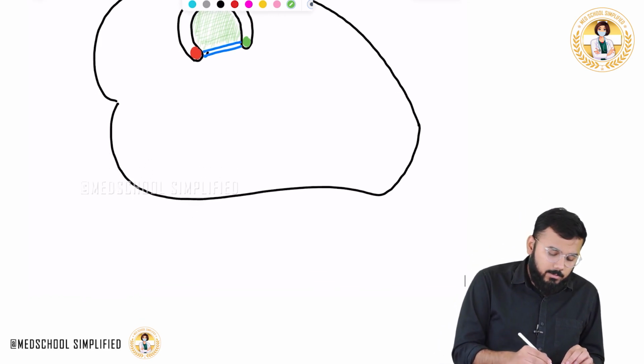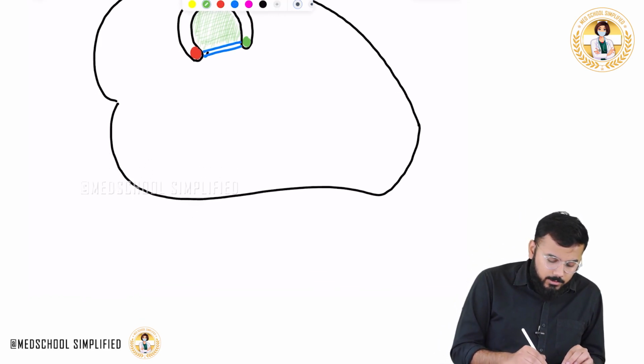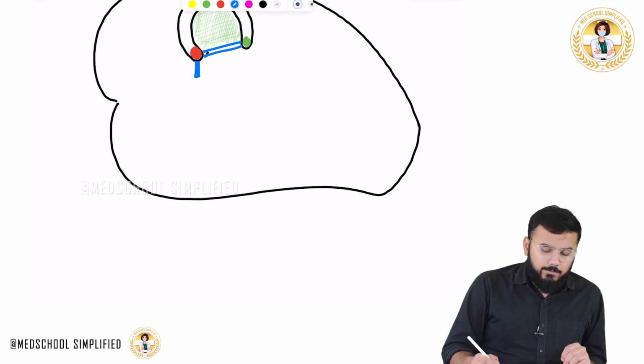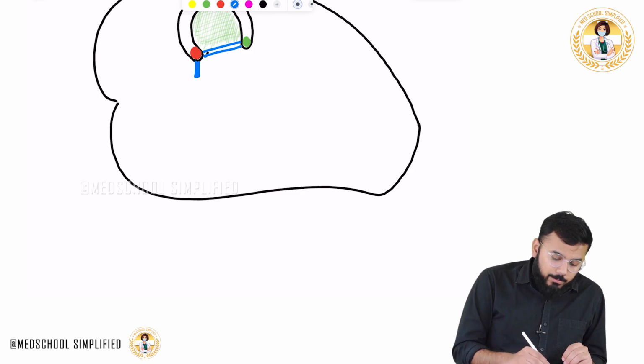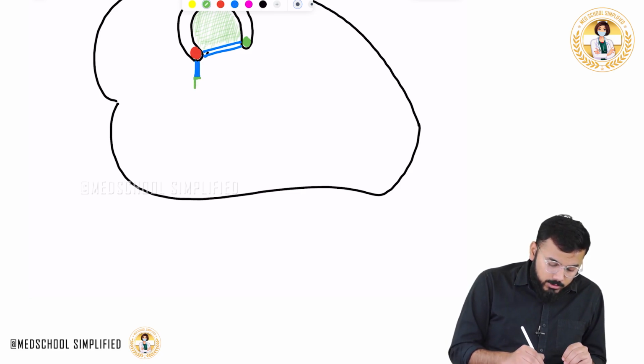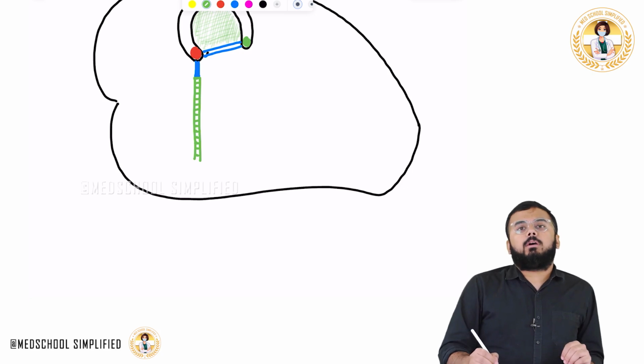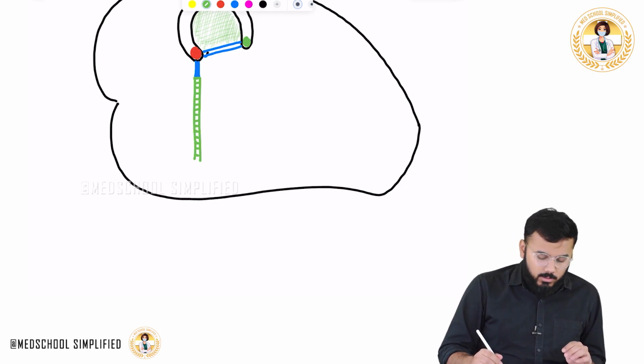Now beneath the genu, here you have a structure like this. This one over here is called a rostrum. This was told previously. Now beneath the rostrum, you have one more structure. This part over here is called your lamina terminalis.